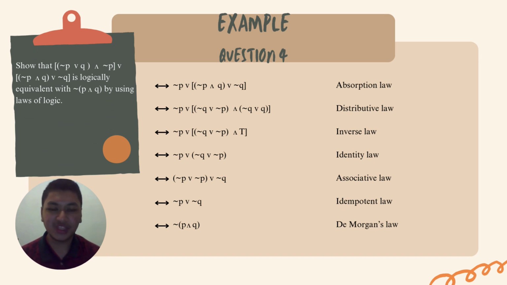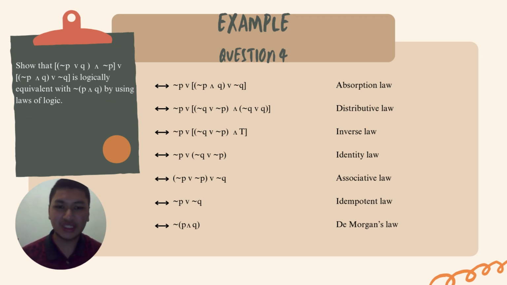After that, we can use the inverse law. For the inverse law, we simplify ¬Q ∨ Q, which we will get T, or tautology. And after that, like usual, once we use the inverse law, we will proceed with the identity law.